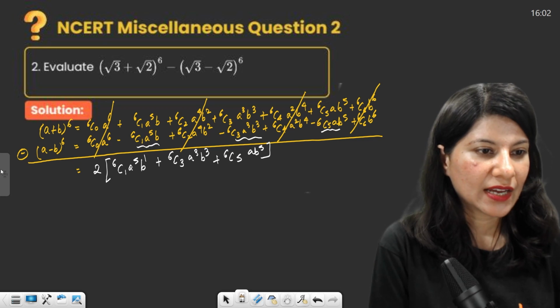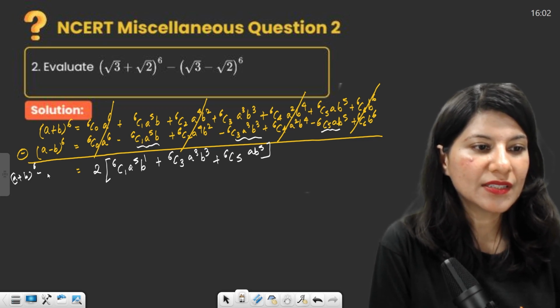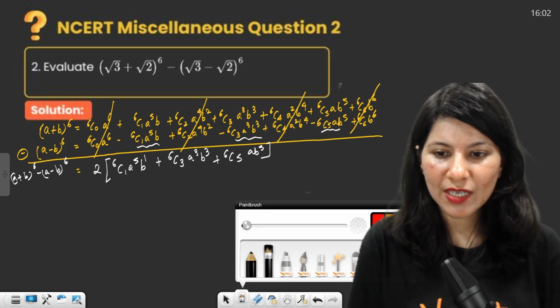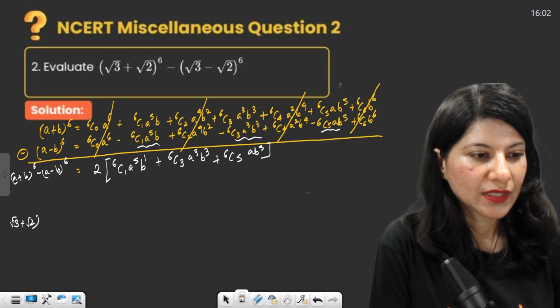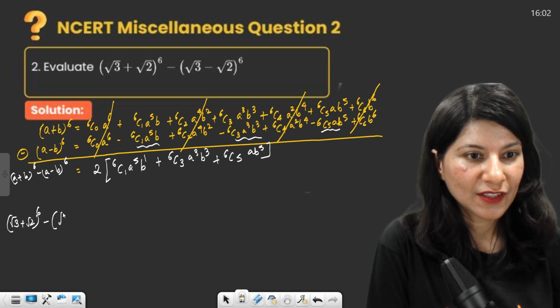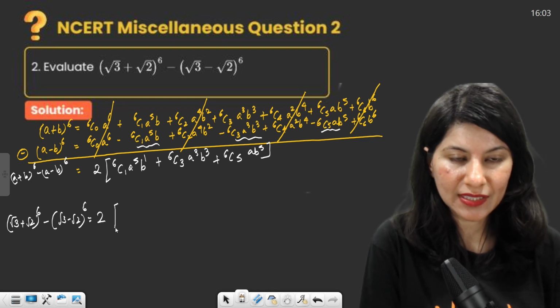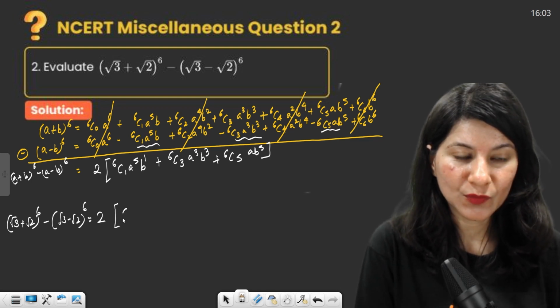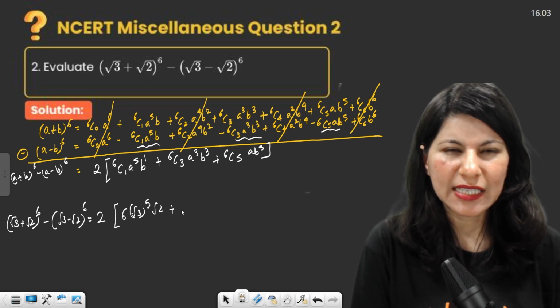Okay. And this is (a plus b) raised to power 6 minus (a minus b) raised to power 6. So here just put a equals root 3, b equals root 2: (root 3 plus root 2) raised to power 6 minus (root 3 minus root 2) raised to power 6 will be equal to twice, then 6c1, 6 root 3 raised to power 5 root 2, plus 6c3.